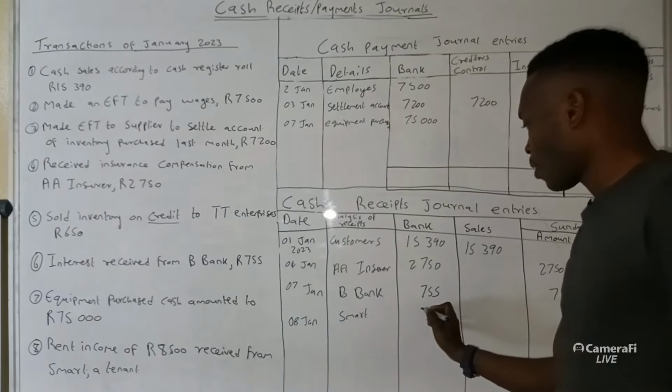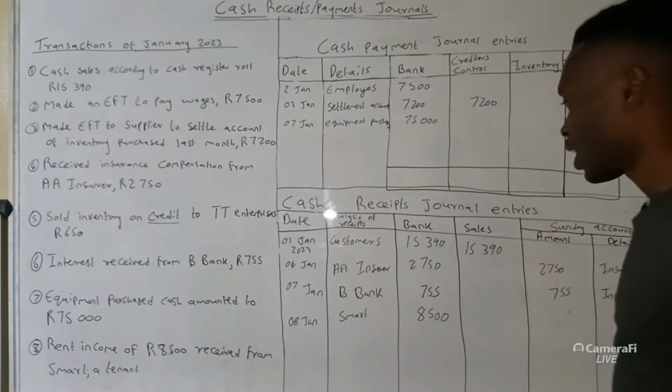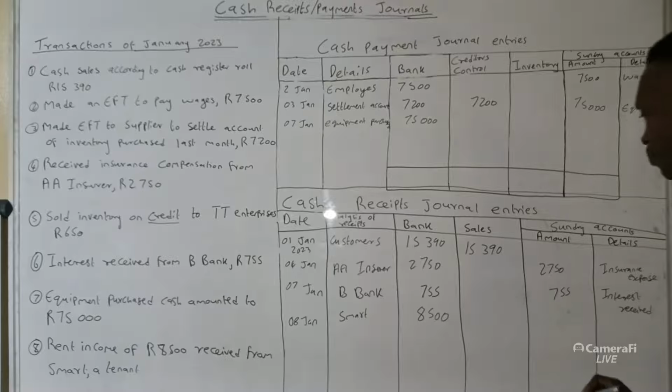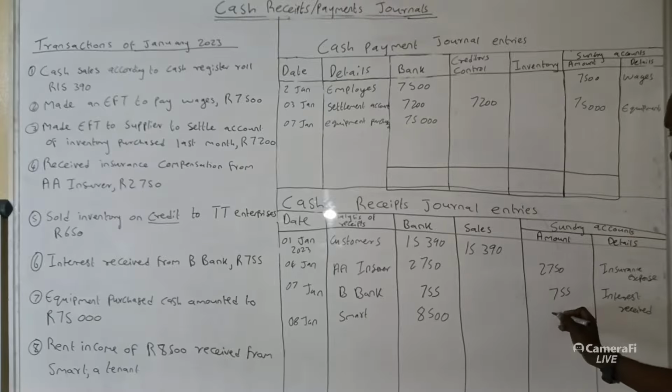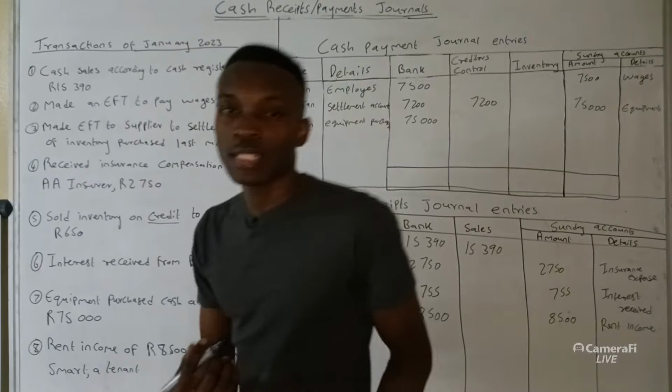Okay, then the amount is 8,500. Then the following column, we write 8,500. Okay, this will be rent income. Okay, so this is the last transaction.